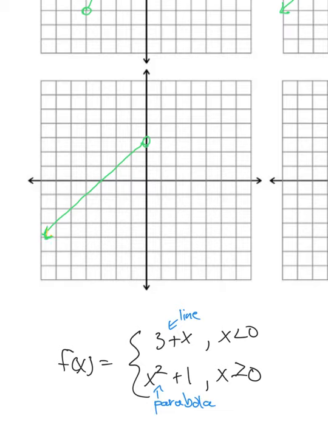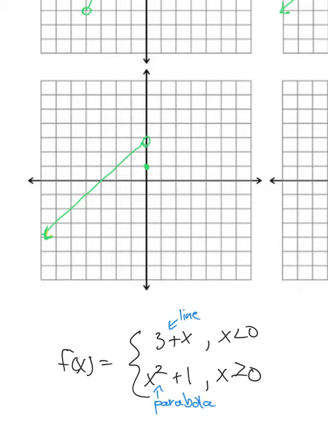Next part is x squared plus 1. Well, let's look at what it is at 0. Plugging in 0 here, it gives us that it has to be 1. So at 0, y must equal 1. So this is a closed circle. Since this is a parabola, we have to consider the important critical points.